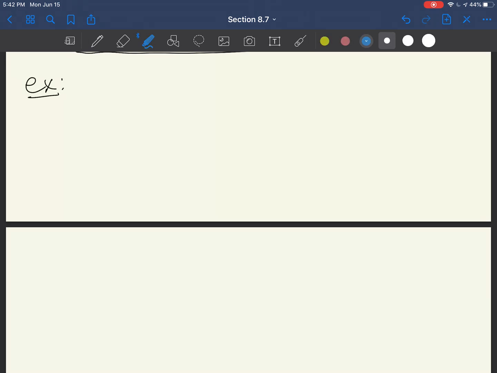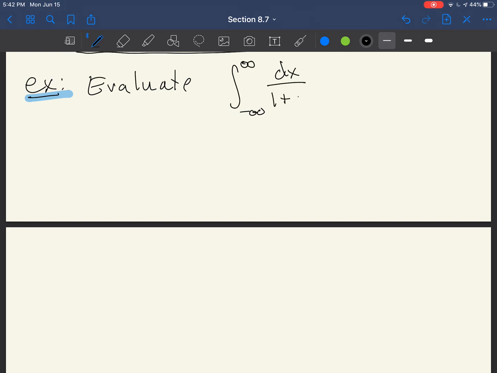Okay, so that was a one-sided improper integral. Let's do a two-sided one. So let's evaluate the integral over the whole real line, so negative infinity to infinity, of dx over 1 plus x squared.